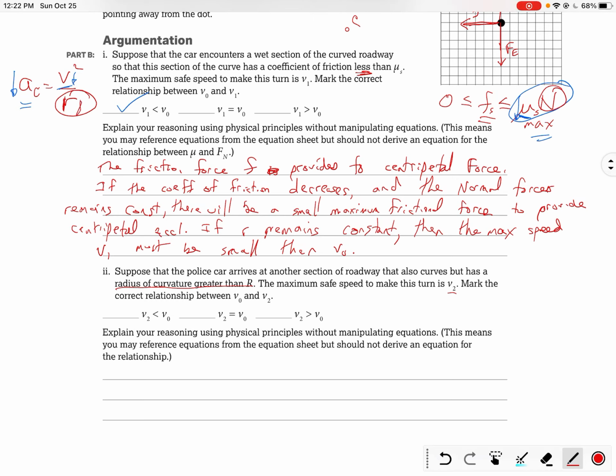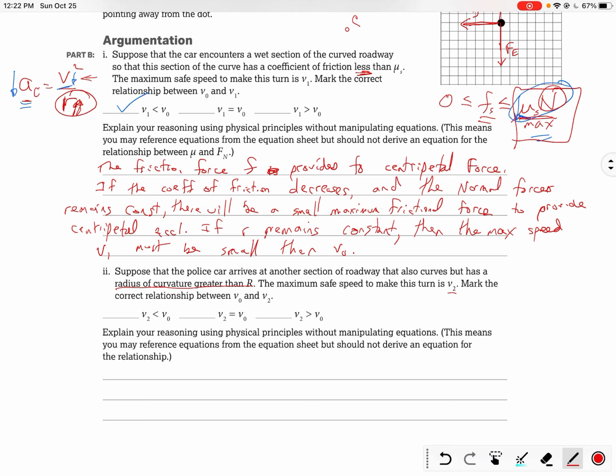Well, if the radius is getting bigger, but the velocity is staying the same, then the acceleration would be going down. Remember, acceleration comes from our frictional force. Well, the frictional force isn't changing in this scenario. So we still have that maximum frictional force available to us.